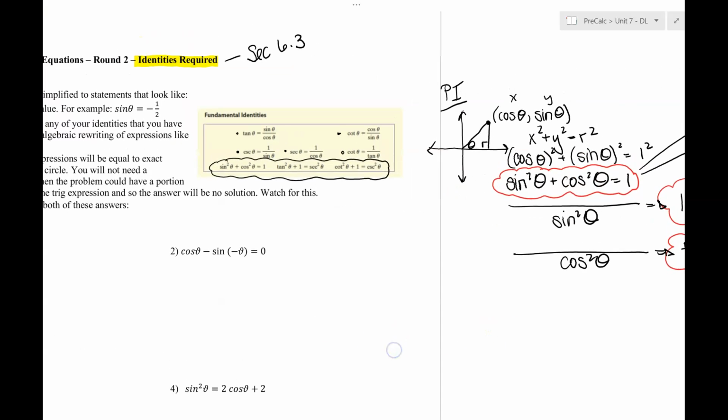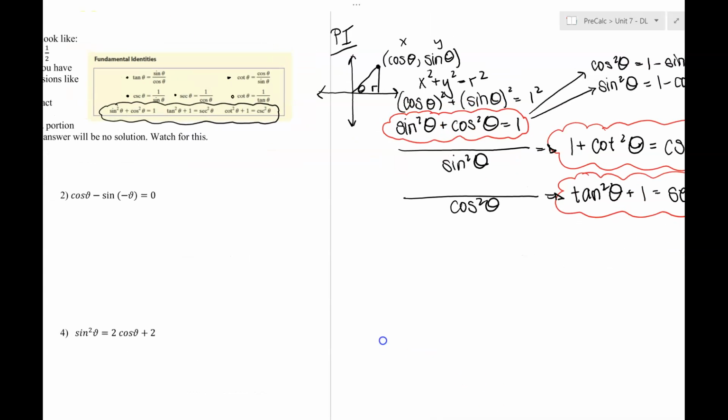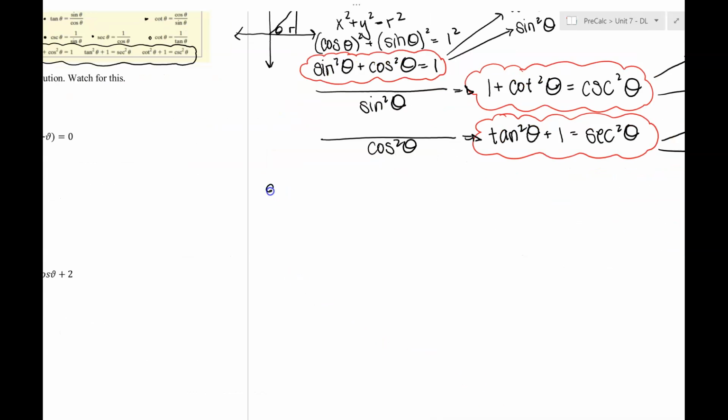We also have the even odds, which you guys need to know. We've covered these as well. The even odd identities have to do with the symmetry of the functions. Remember, if it's symmetrical across the origin versus if it's symmetrical across the y-axis and so forth. This can be found on page 394 if you want a super in-depth re-explanation.